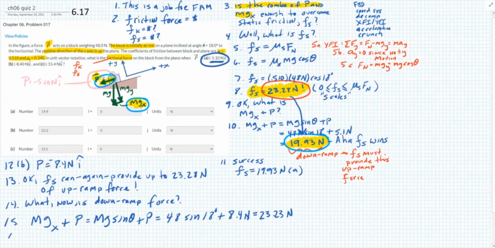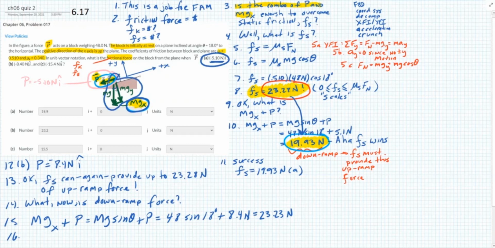So step 16, I guess I'll go here. Do you mean to use cosine, or are you supposed to be using sine? You tell me. What should I be using? If my goal is to capture mgx, what do I do? So what do you do to express mgx using this triangle? Do I use sine or cosine or tangent? Yeah.